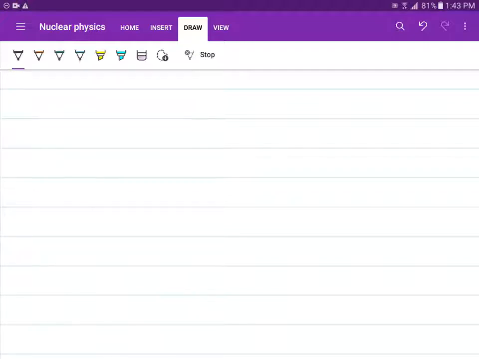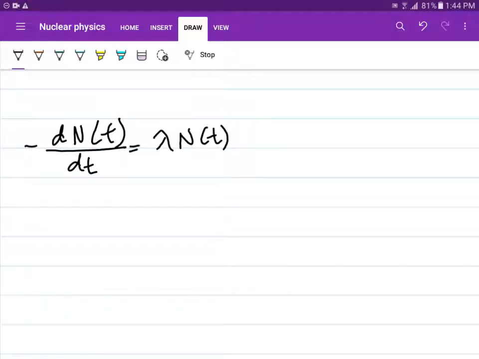So we have our equation. Sorry, not this equation. We have the activity A equals lambda N of t.